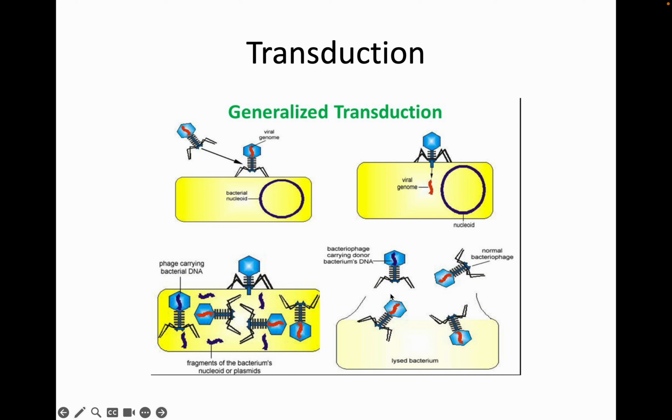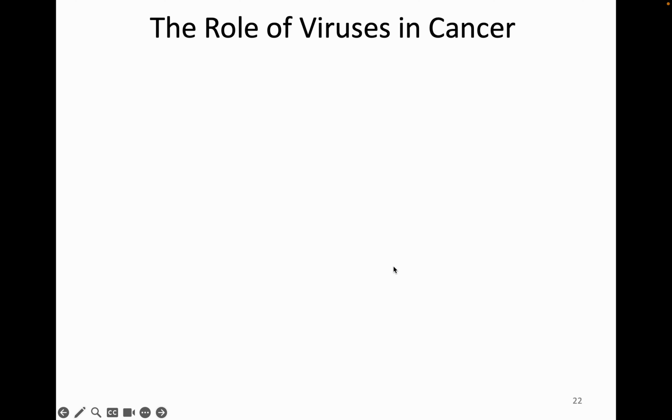So these viruses can exit the cell, but there's something different here. Instead of having all viral genomes here, this one is carrying bacterial DNA. So by chance, sometimes a fragment of bacterial DNA makes it into a virus. So that's transduction, when a virus carries bacterial DNA with it.